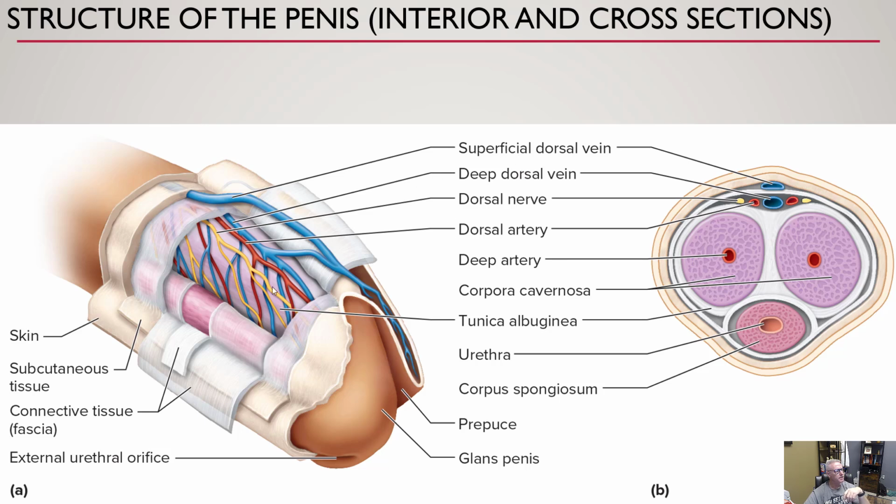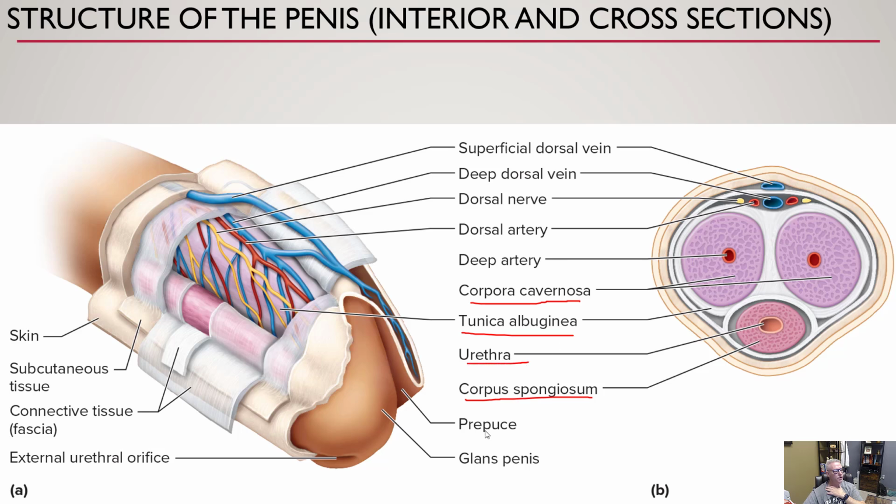So here you can see the 3 layers. The corpora cavernosa, and the corpus spongiosum. You can see the tunica albuginea.